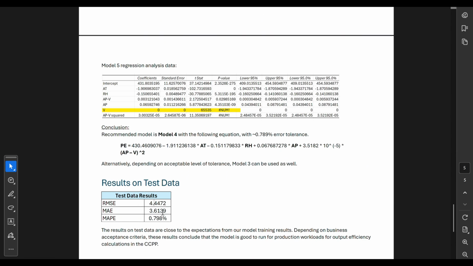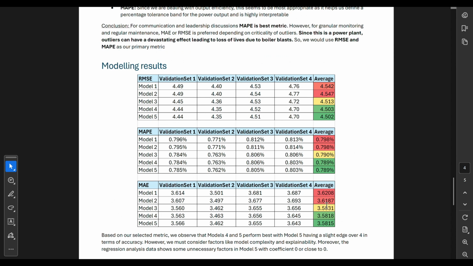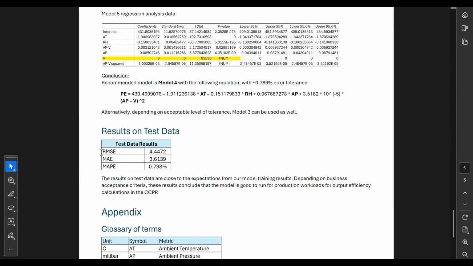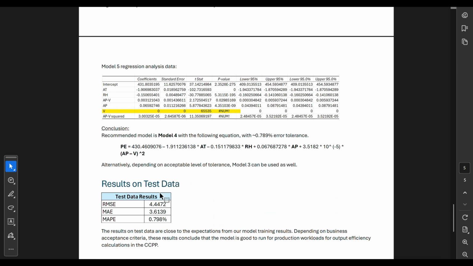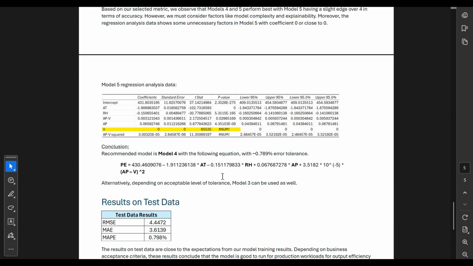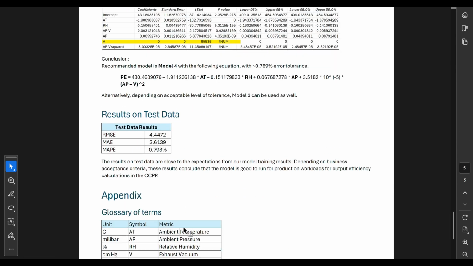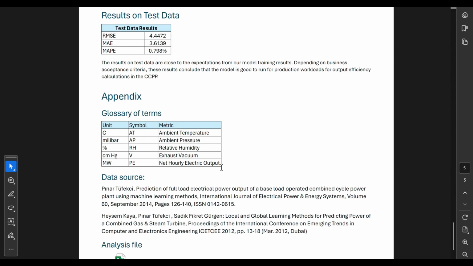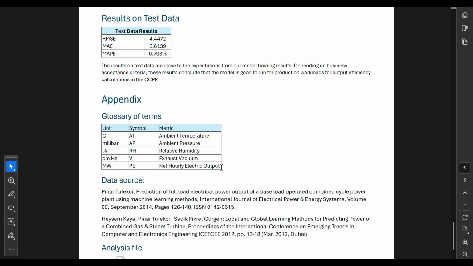The MAE number is slightly higher, I would say. Yeah, it's slightly higher than what we saw here during our validation. But our primary metric, which is RMSE, is perfectly in line with our expectation, in fact, slightly lower, as well as the MAPE metric. So that gives us fair confidence that the model that we have built will perform well in a real world scenario.